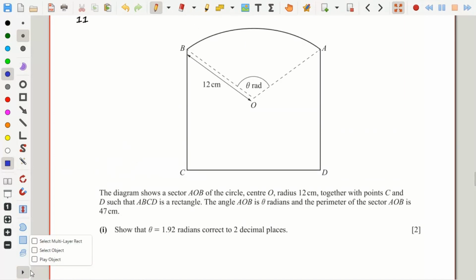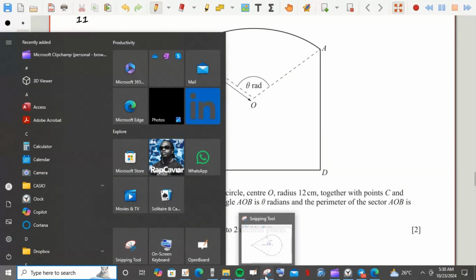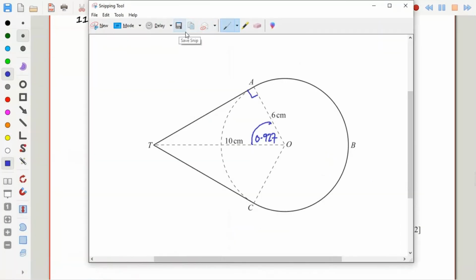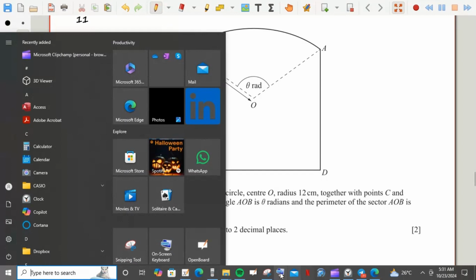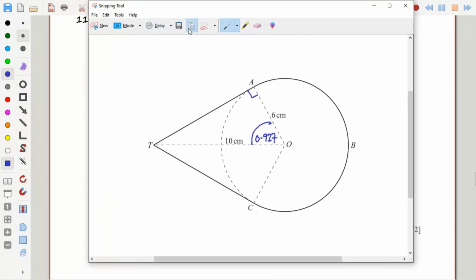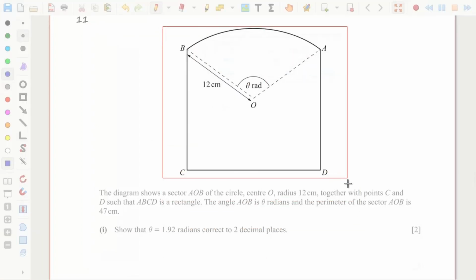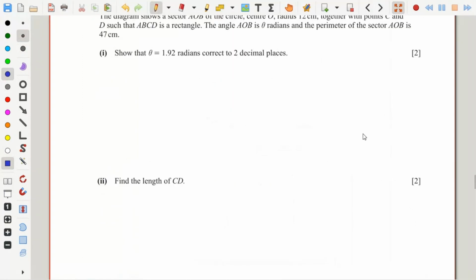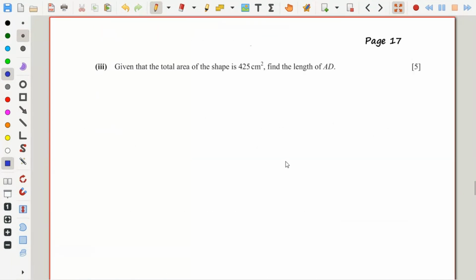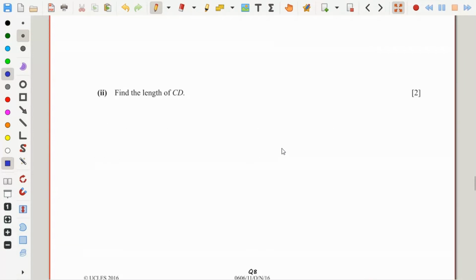So let me cut my diagram so that I can easily refer to it. Let me put it here.